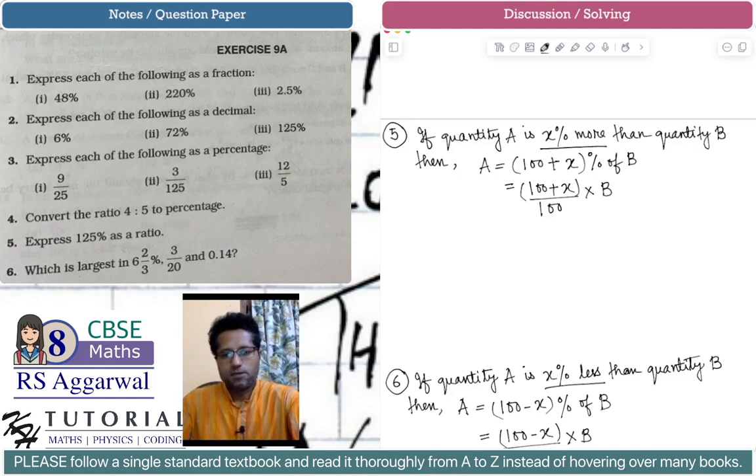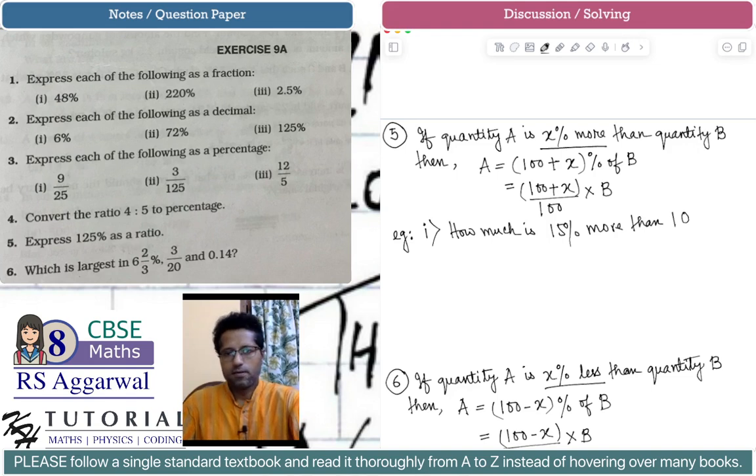As an example, let's say how much is 15% more than 10. Here B is 10 and it has no unit.